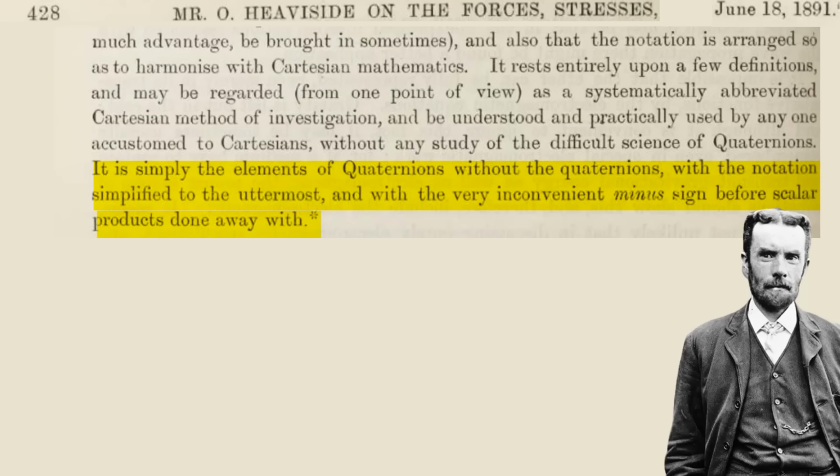In this paper, Heaviside was still moderately polite about quaternions, writing, "The modifications I made are simply the elements of quaternions without the quaternion, with the notation simplified to the uttermost, and with a very inconvenient minus sign before the scalar products done away with."